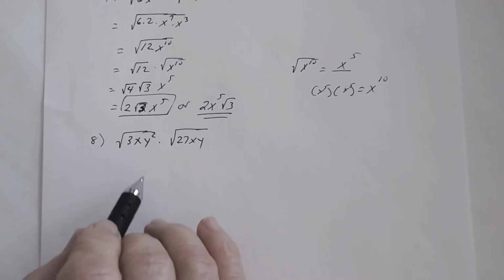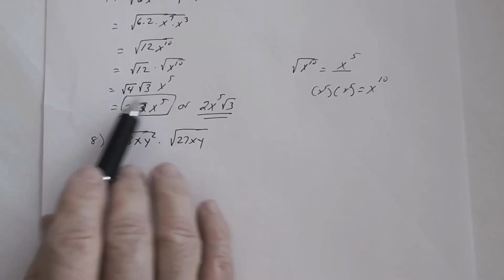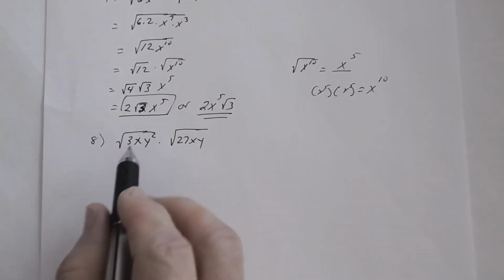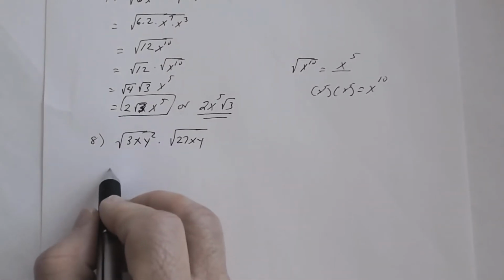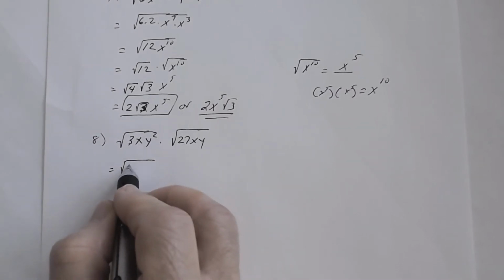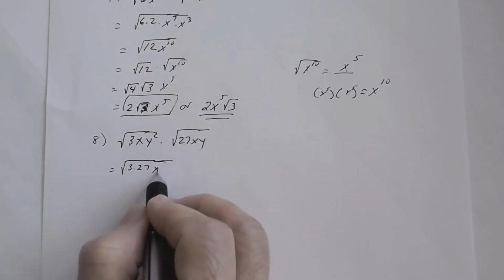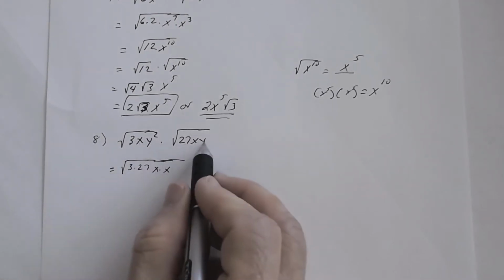So you always want to simplify at the end. You want to make sure your answer is in simplified form. So if I use the product rule now, I'm going to get 3 times 27, and then x times x, y'all agree? And then y squared times y.